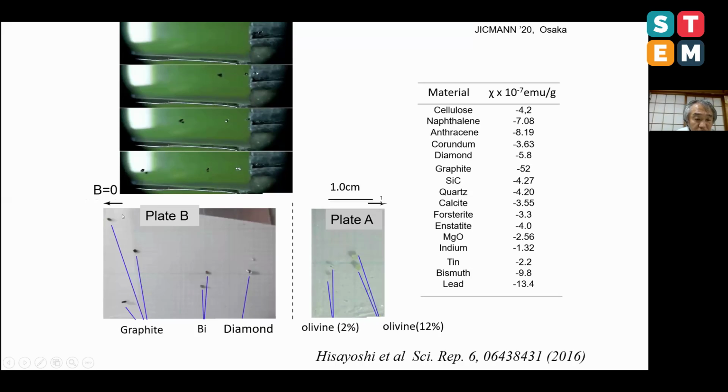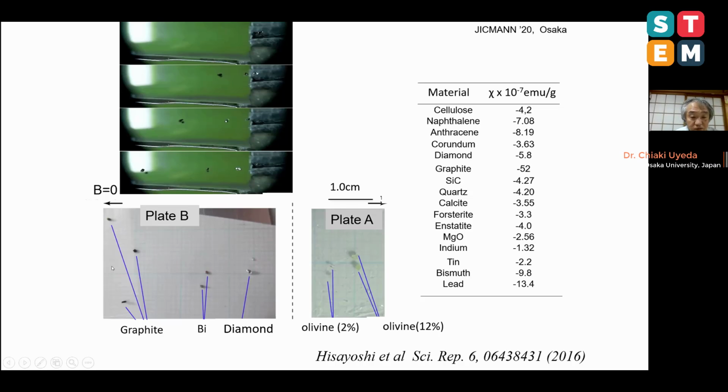And you can see that the graphite is at the left end of the collection plate. And all the other materials have an absolute value that is smaller than the graphite. So all the other materials, even those that are not set here, will be collected in this very small area.